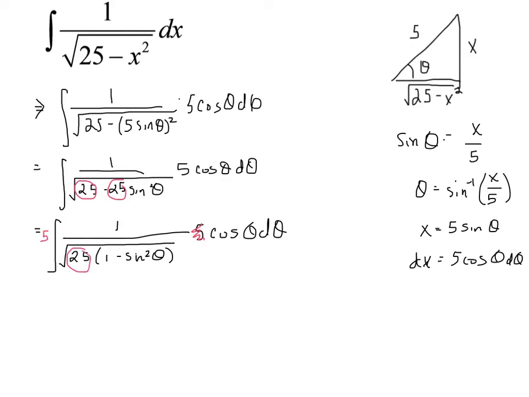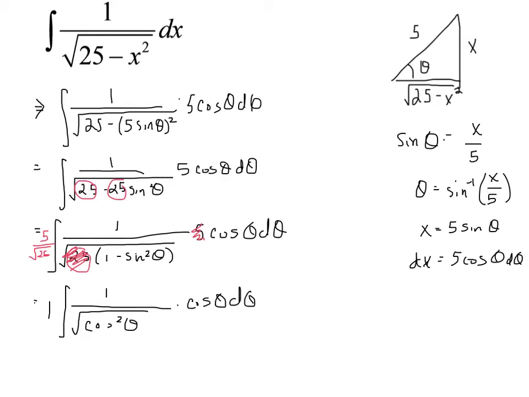I can pull out the square root of 25. Of course, the square root of 25 is 5, but I'm going to pull that out because that's now a constant. So out front, as I rewrite my integral again, I just have 1, because 5 over the square root of 25 is 1. I have 1 over, well, 1 minus sine squared is the same as cosine squared. So I've got the square root of cosine squared, and then I've got a cosine theta d theta.